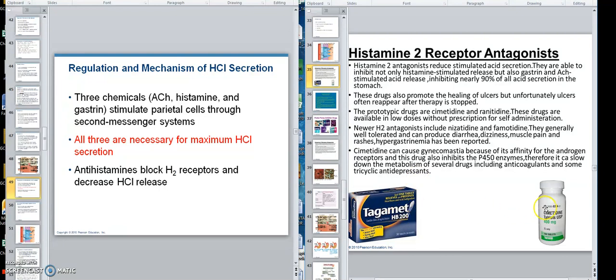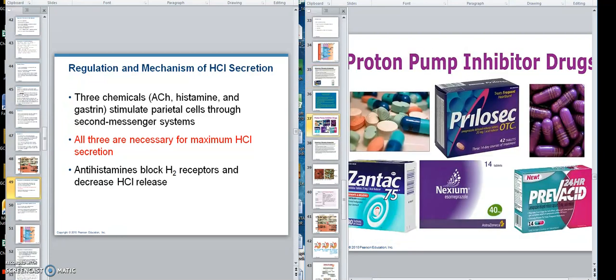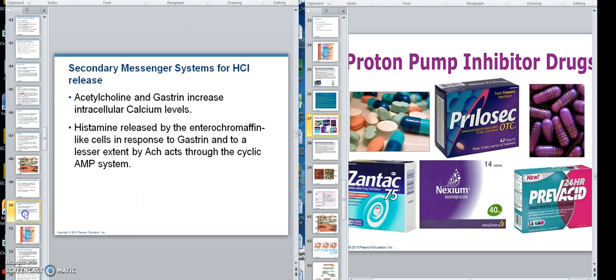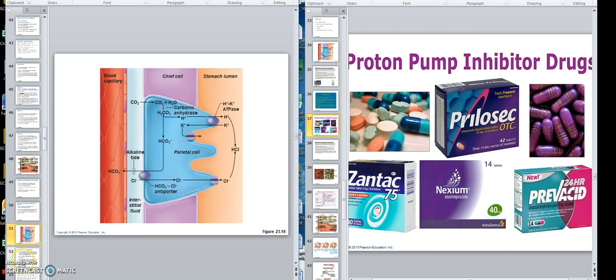These don't mess with inflammation stuff, because that's H1 receptors on cells. These are specialized for H2. But then we also have the proton pump inhibitors, a newer class of drugs. Okay, we've already talked about that. I'm not going to get into that anymore. That was our picture we had.